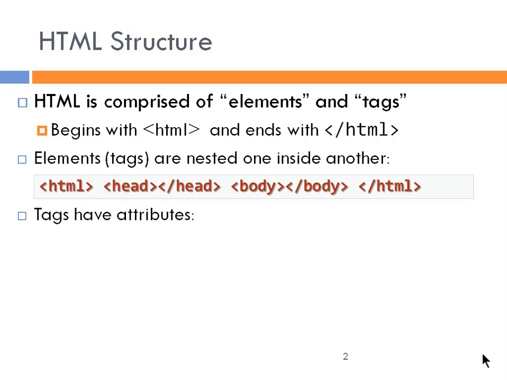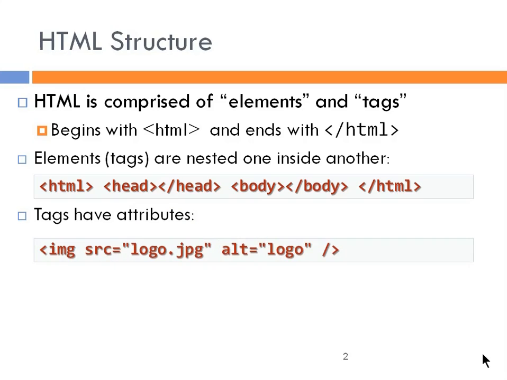Tags have attributes. Attributes mean some kind of values or properties. For example, see this image. img src: src is nothing but an attribute. We have seen some types of attributes in the last lectures or videos. So this is one example: img src equals logo.jpg, alt equals logo.